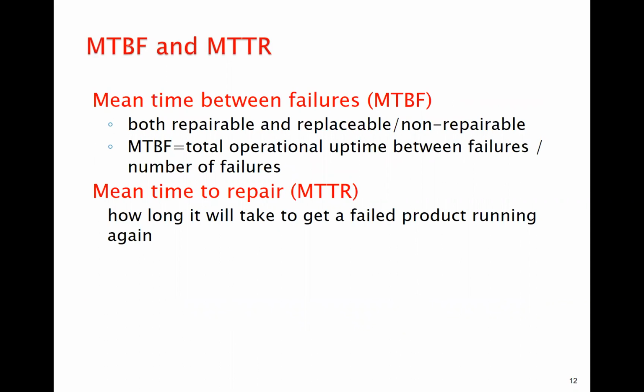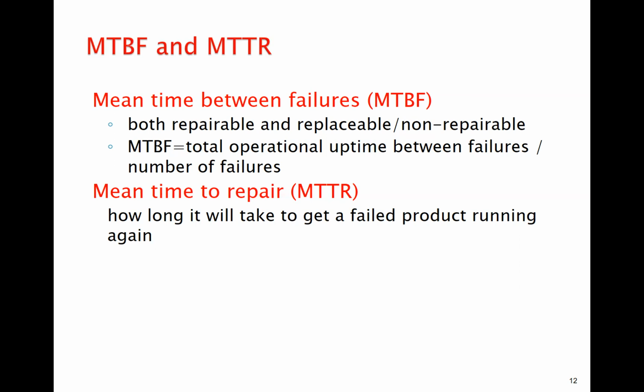MTBF and MTTR are not available in the text or materials, so I just produced those terms. These are from the aerospace industry. Mean time between failures could be applicable to repairable and replaceable, non-repairable devices or equipment.